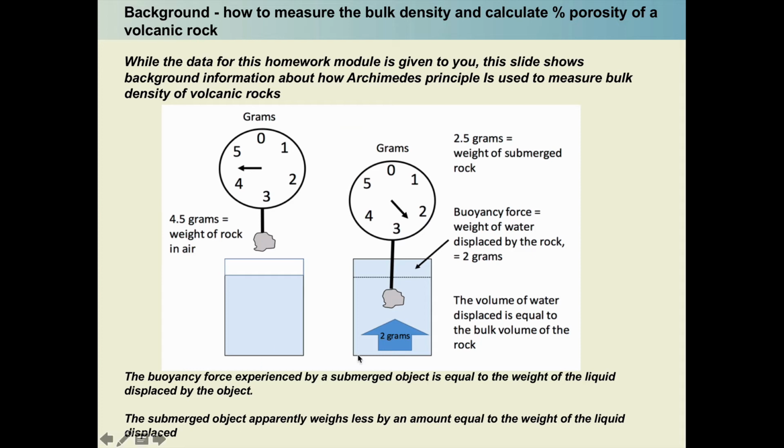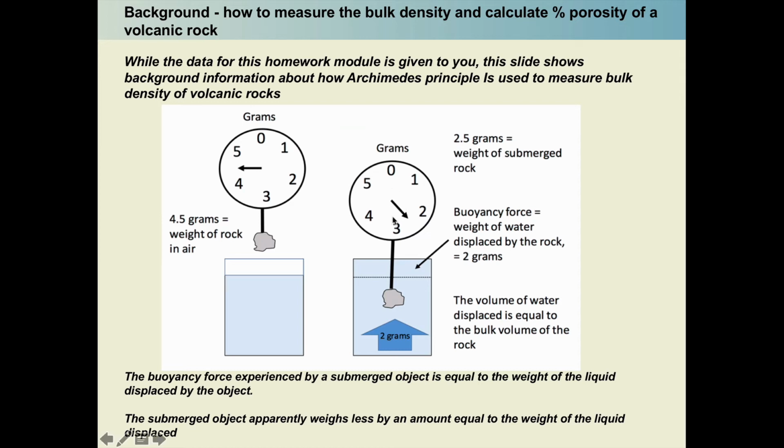So if you think of the volume of water displaced by the rock, I've drawn it here as the original level of the water before you put the rock in, and that level rises when you put the rock in up to the top level here. So that volume is equal to a weight of water through the density equation, which in this case is 2 grams.